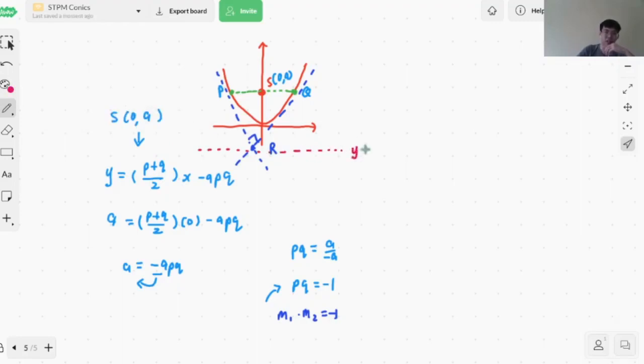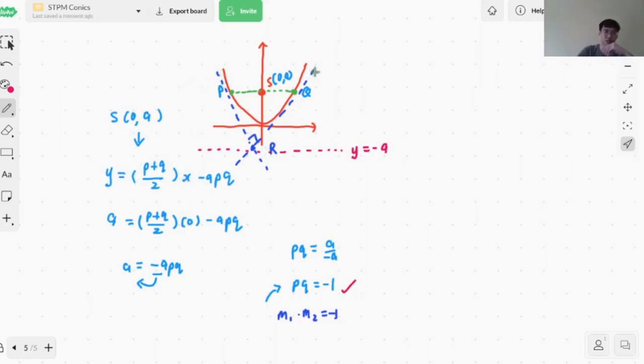Okay, so this directrix is y equals negative a. It will always lie on the directrix. Alright, so always remember that the property pq equals minus 1 is because you pass through the focal chord and it is formed by substituting into the equation of chord, and that's why you get pq equal to negative 1.